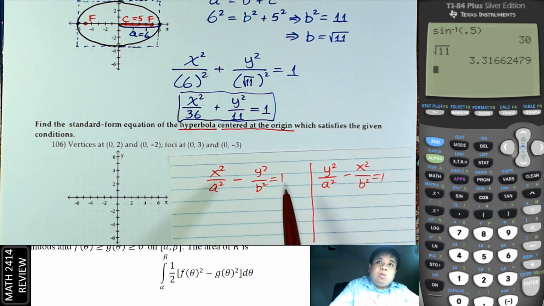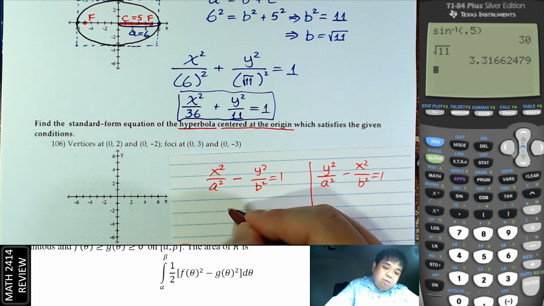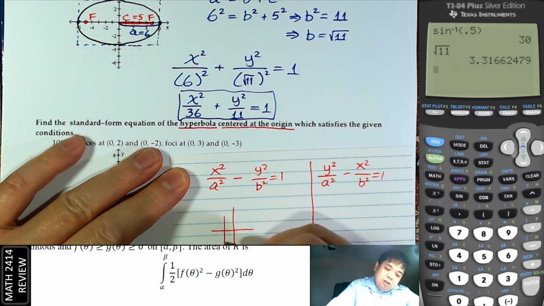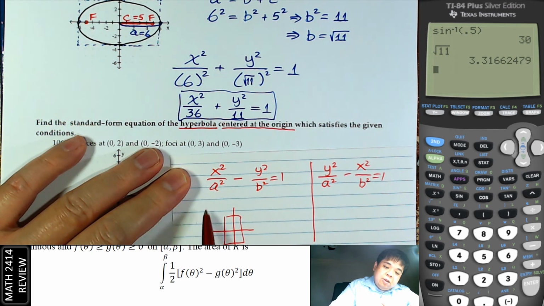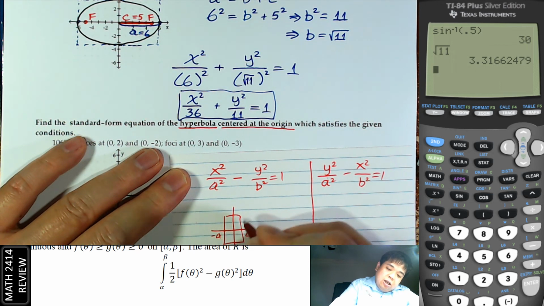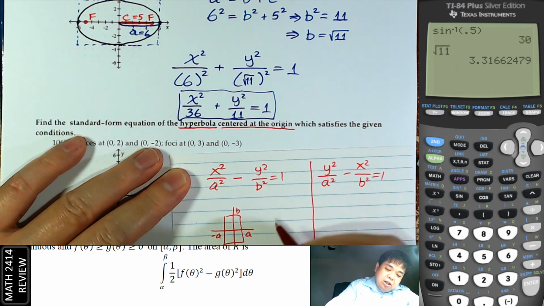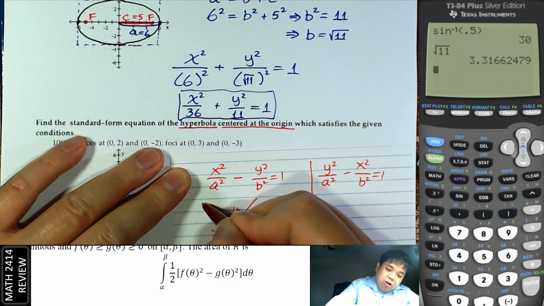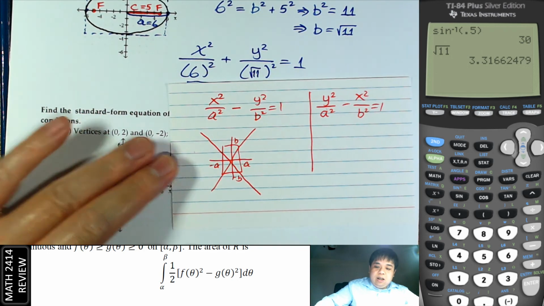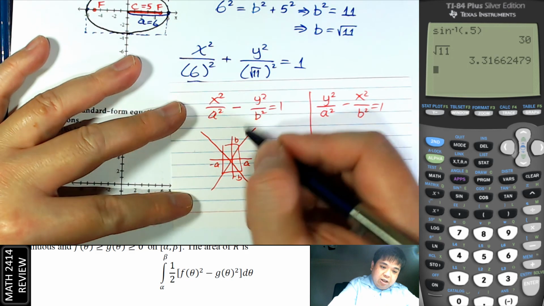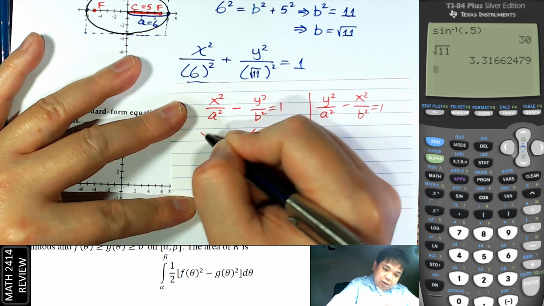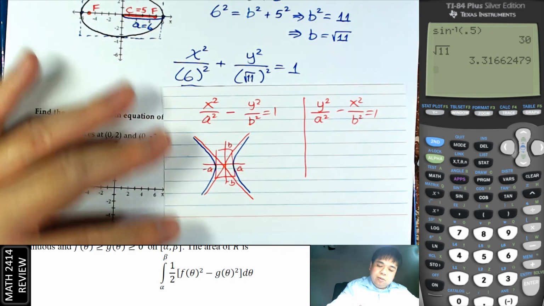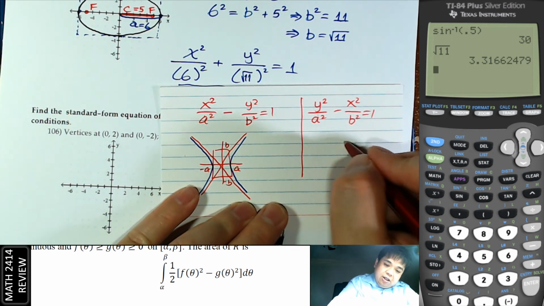If we start with y square, that is vertical. And we still draw a box. We go left and right A unit, up and down B unit, and then for the hyperbola we will draw the diagonals, and the hyperbola will fit into it. This one is the vertical.